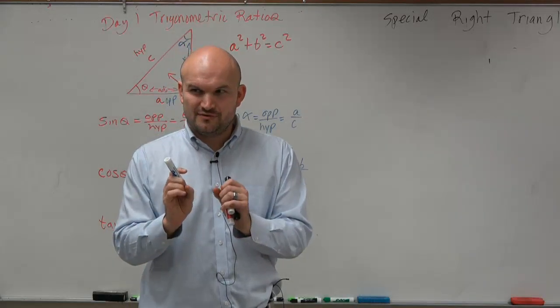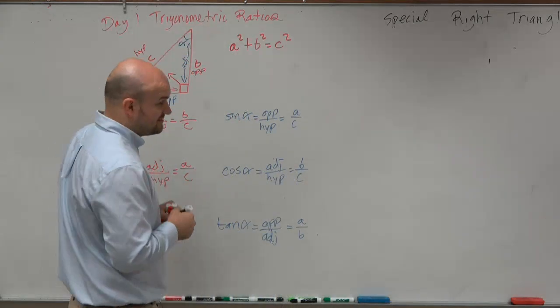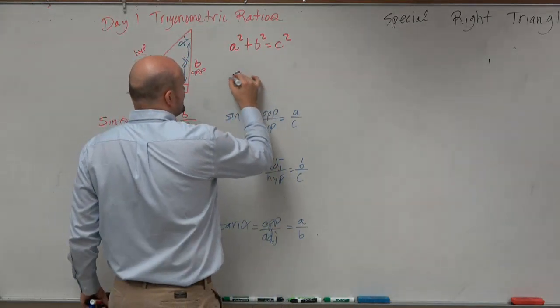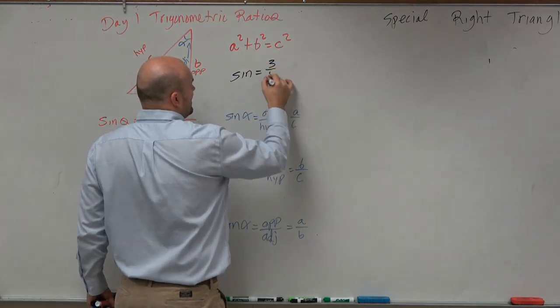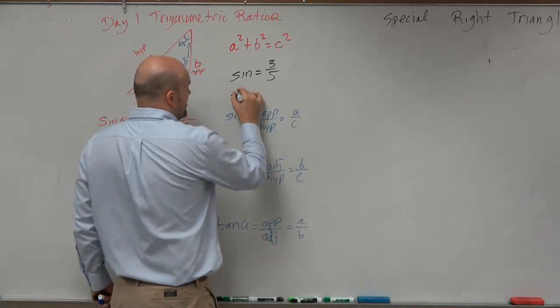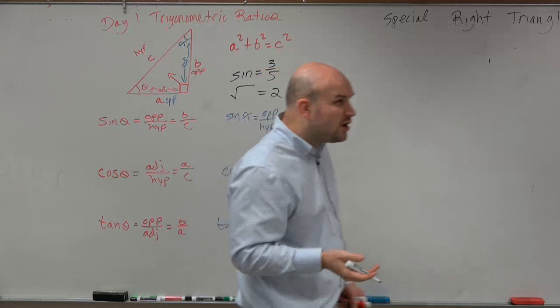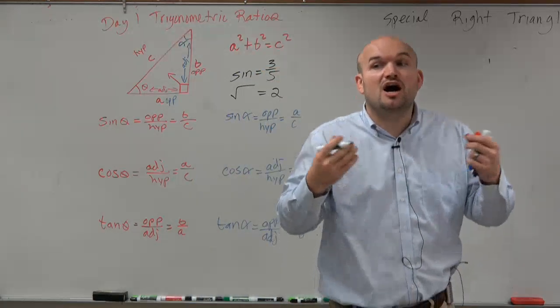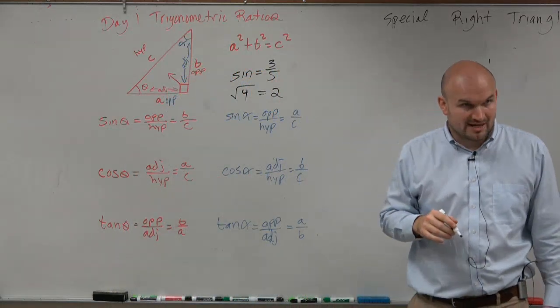But here's some issues that I have. A lot of students will write, or what I've seen written before, is they just say sine is equal to 3 over 5. Well, ladies and gentlemen, that makes no sense. That's like saying the square root is equal to 2. What do you mean the square root is equal to 2? No, the square root of 4 is equal to 2, right?